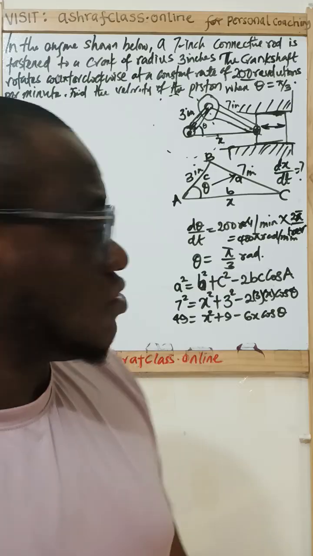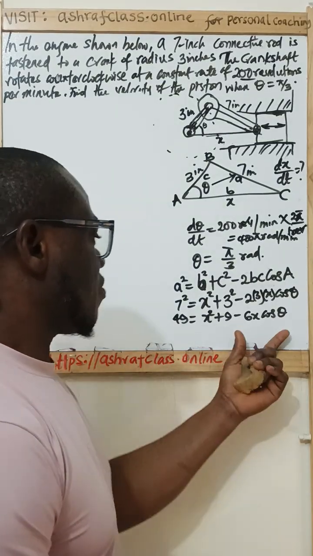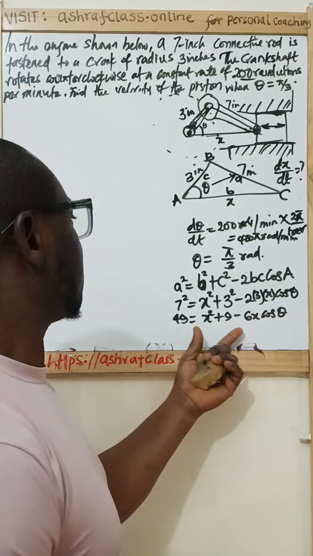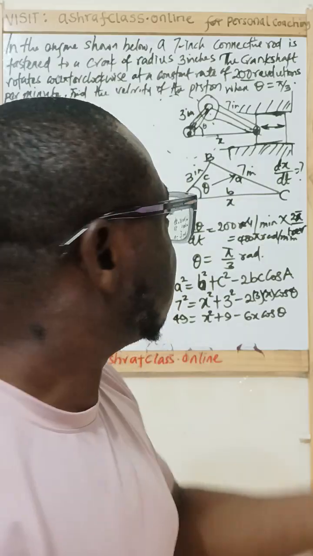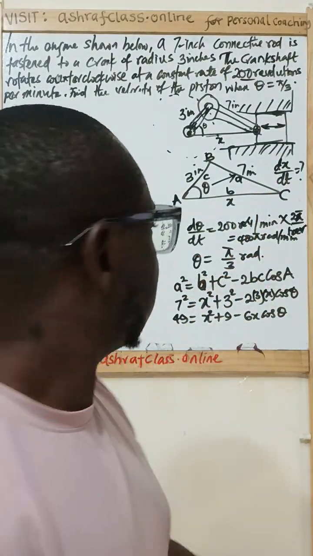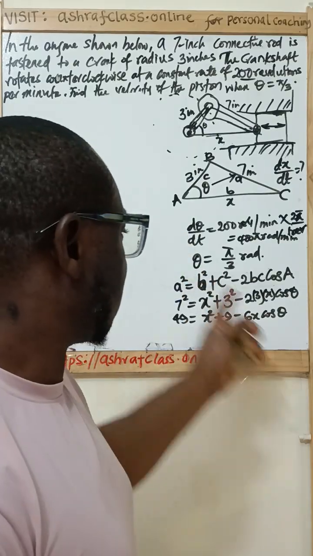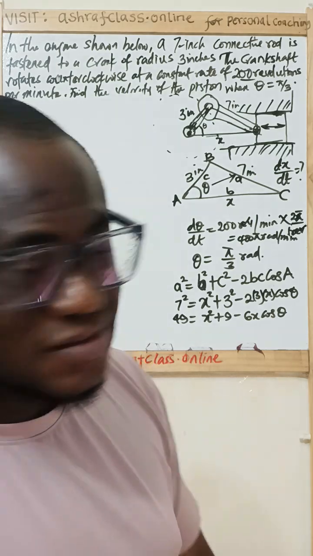What are we looking for? We are looking for dx/dt. But theta is given, and dθ/dt is also given. We also don't know x.